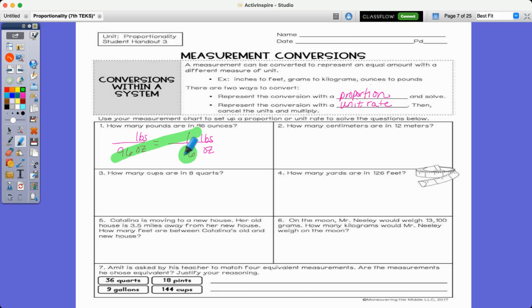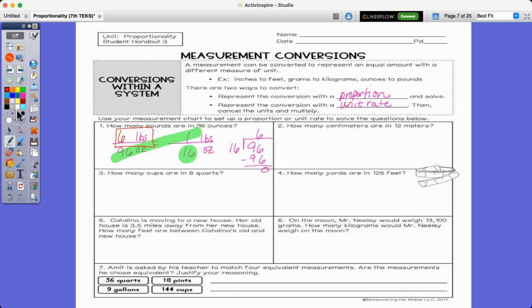Then I divide by my leftover, which is 16. So 96 divided by 16. 16 goes in 6 times. Look at that, we get a 0. So our answer is 6 pounds in 96 ounces.